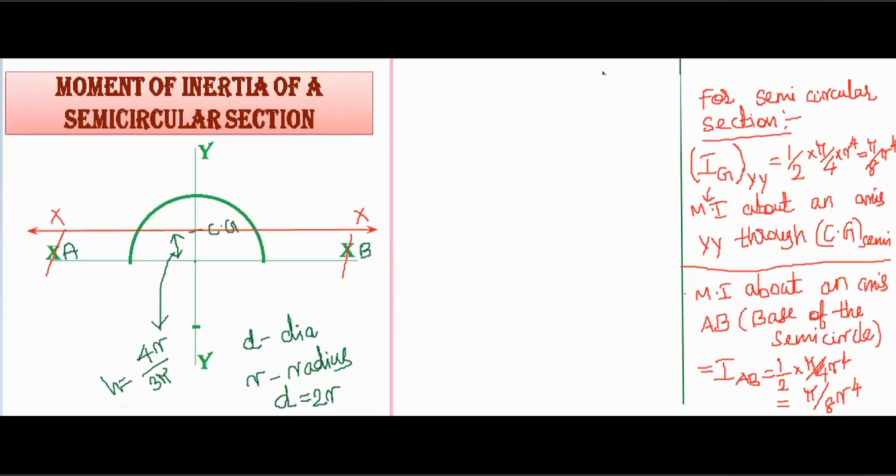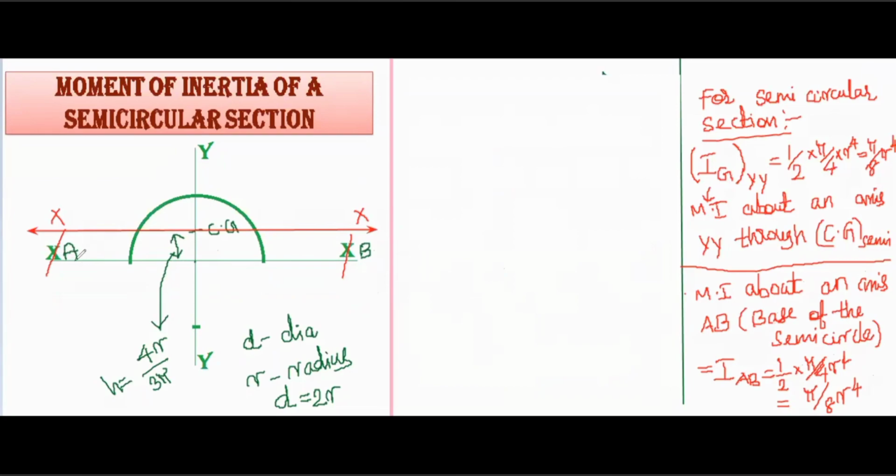We calculated the moment of inertia about an axis AB, the base of the semicircle, that is IAB, equal to half of the moment of inertia of the previous XX axis, pi by 4 r power 4, that is pi by 8 r power 4.